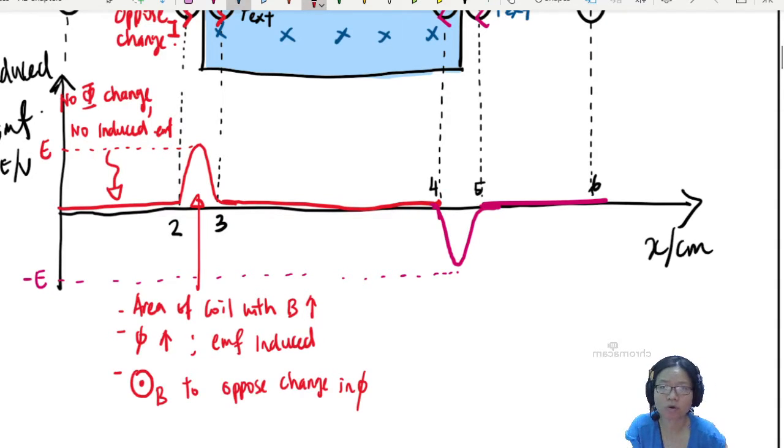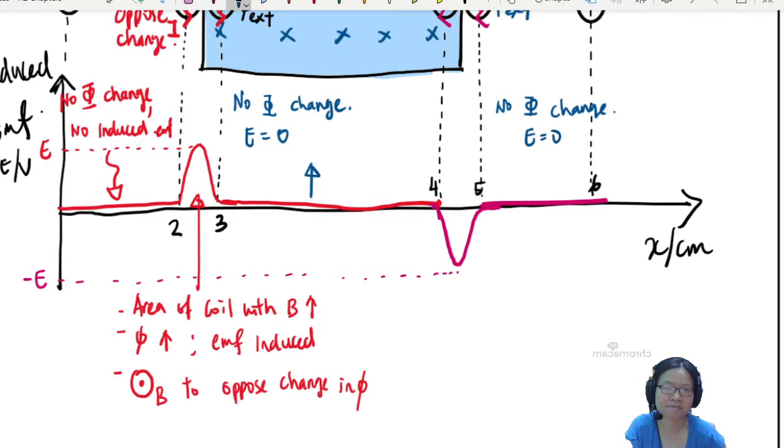From 3 to 4, which is this flat part here, there is flux but no flux change. So your induced EMF E is 0. Here also no flux, so no flux change, EMF 0.